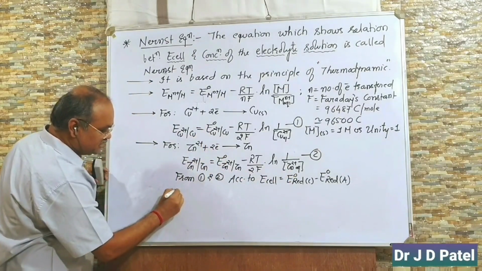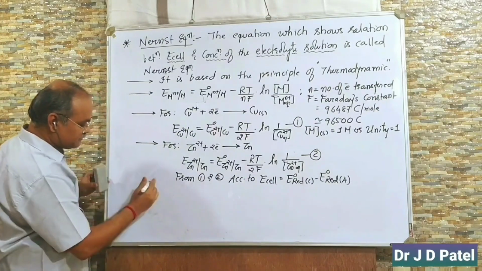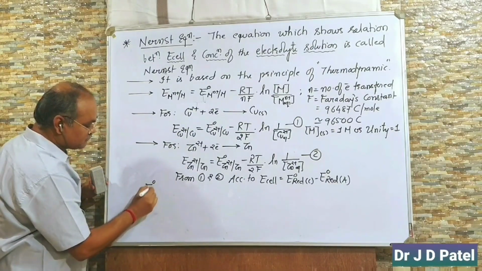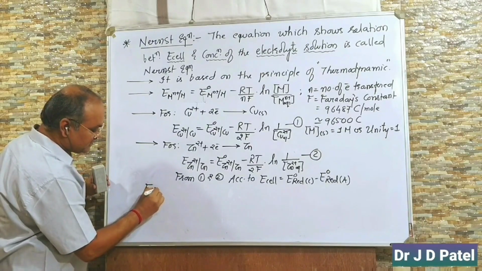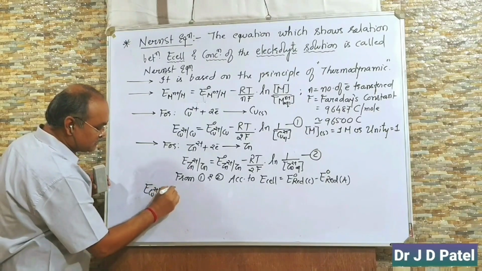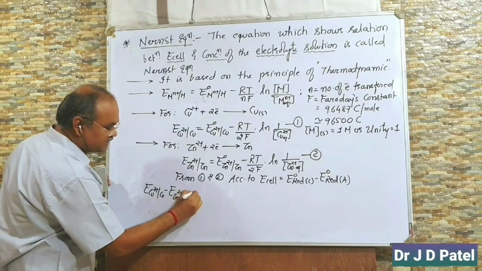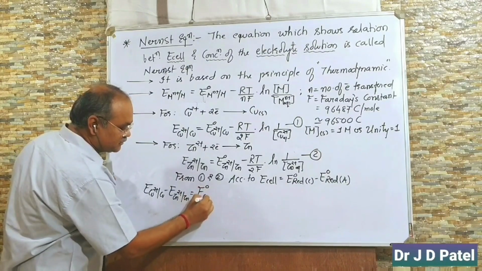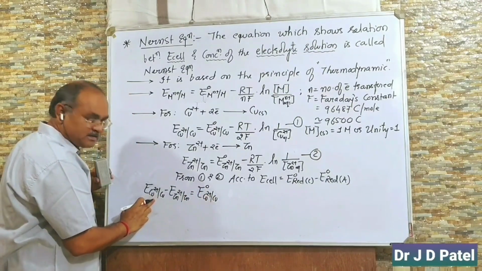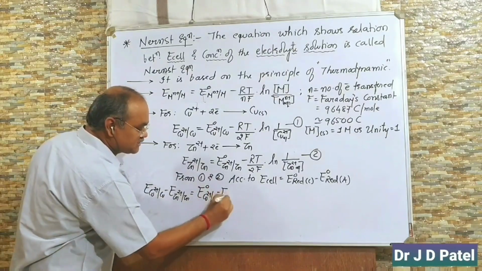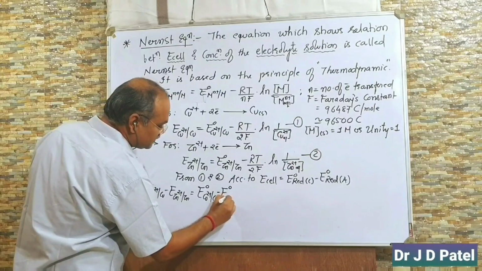E of Cu2 plus oblique Cu minus E of Zn2 plus oblique Zn is equal to E0 of Cu2 plus oblique Cu, this is reduction at cathode, minus the anode, E0 of Zn2 plus oblique Zn, right?